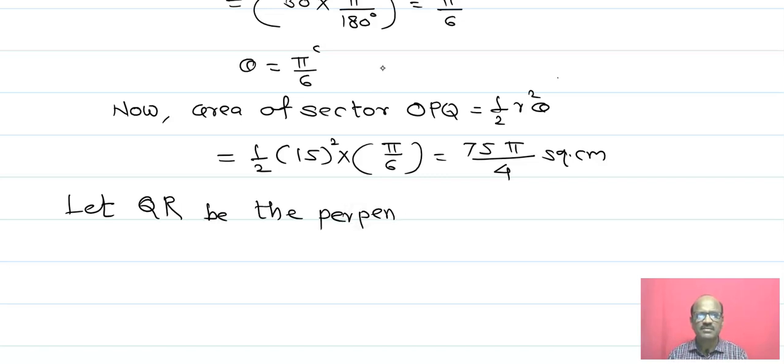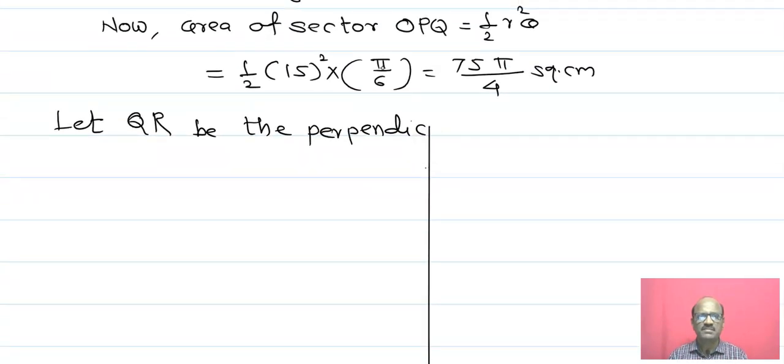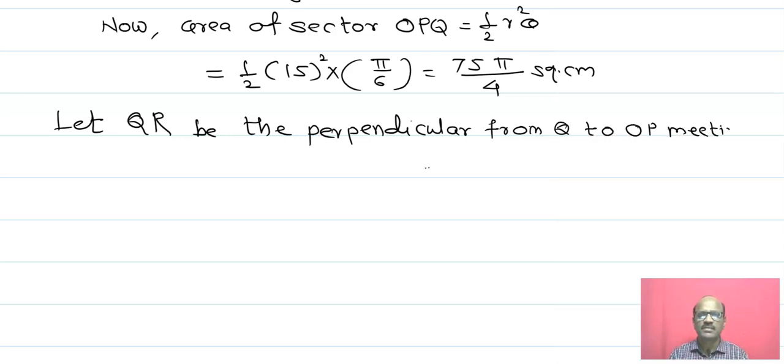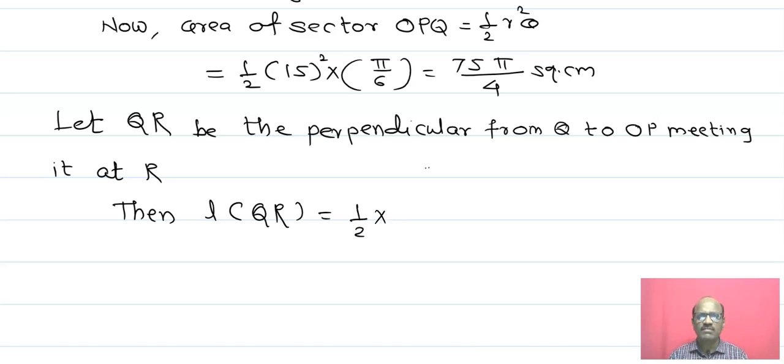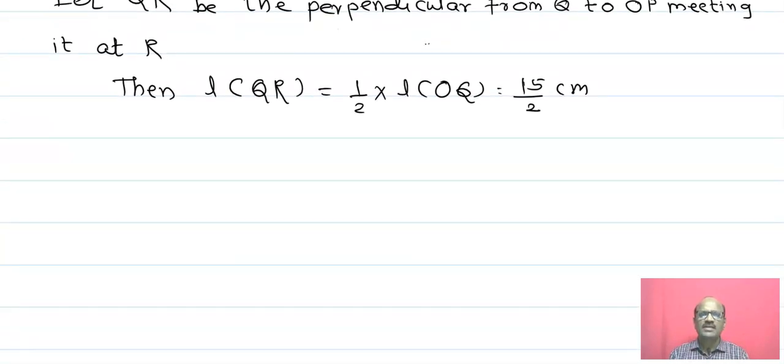Draw QR perpendicular from Q to OP, meeting it at the point R. Then length of QR is equal to 1 upon 2 OQ, that is the radius of the circle, since the side opposite to angle 30 is half of the hypotenuse, that is 15 upon 2.